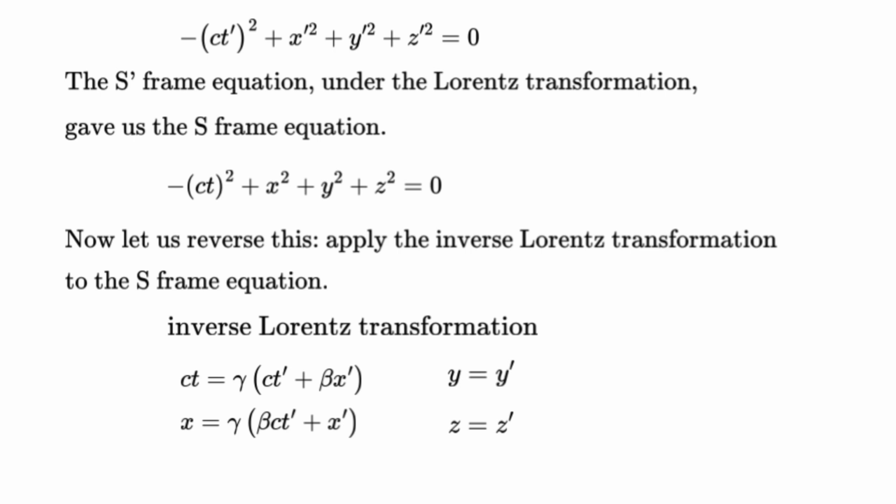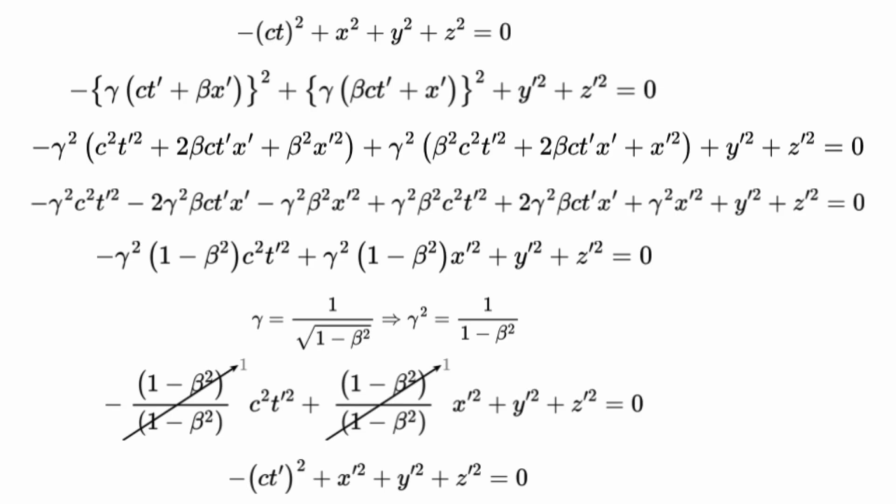The S prime frame equation under the Lorentz transformation gave us the S frame equation. Now let us reverse this. Apply the inverse Lorentz transformation to the S frame equation. This section involves some calculation. Feel free to pause the video and work through it at your own pace.